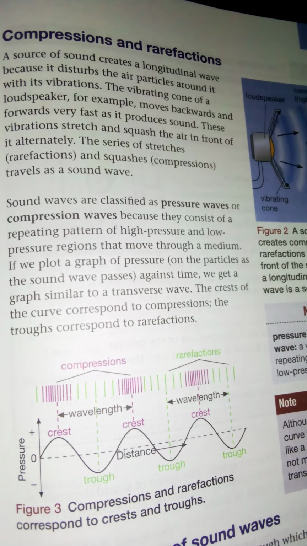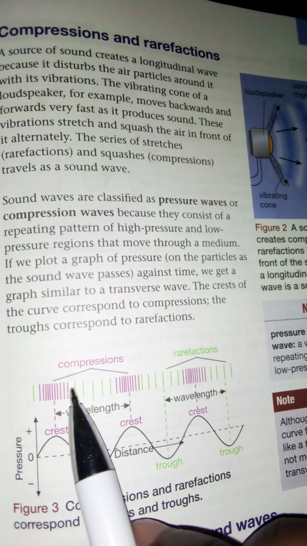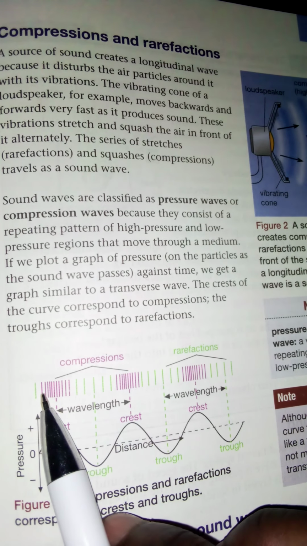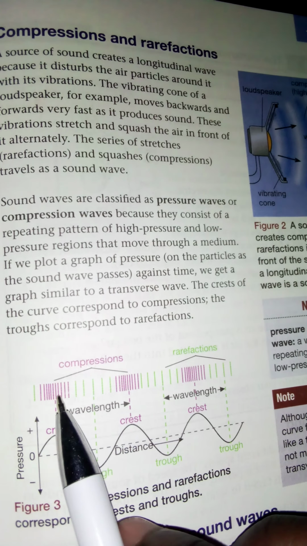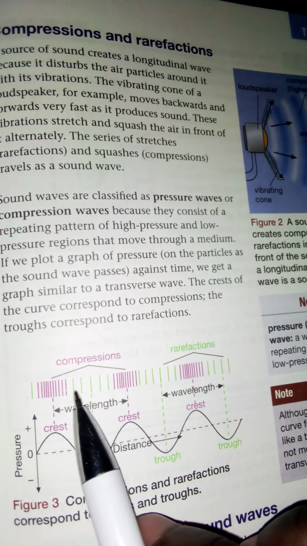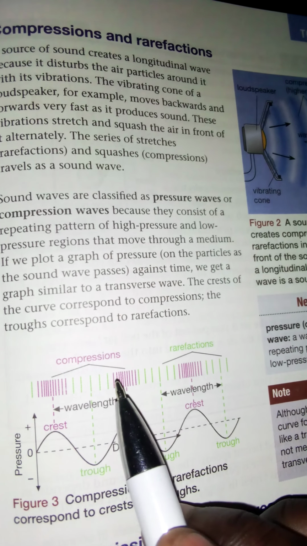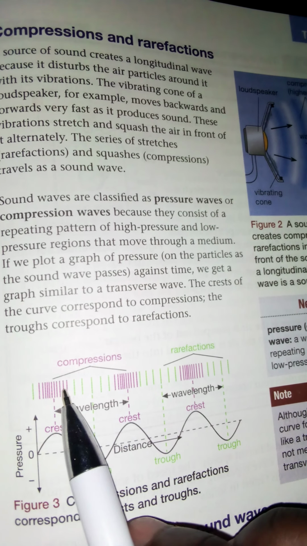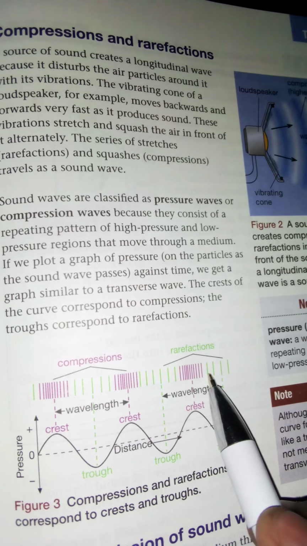Now, what do we mean when we say compression? Look at this diagram. This part shows a region of higher air particles because these particles are close to each other. The area where the particles are very far from each other is called the rarefaction. So this is a compression, this is a compression, but this part is a rarefaction.